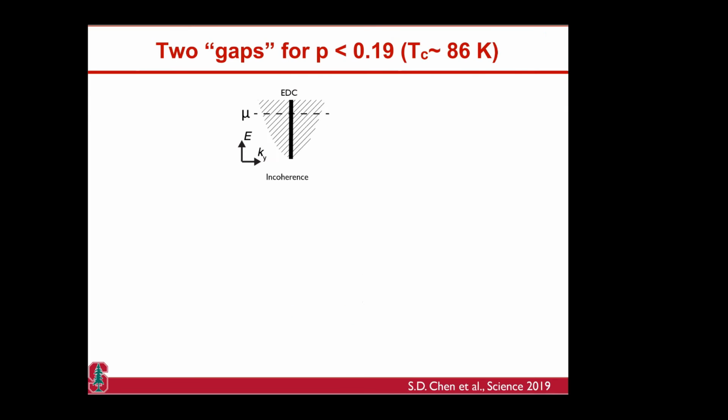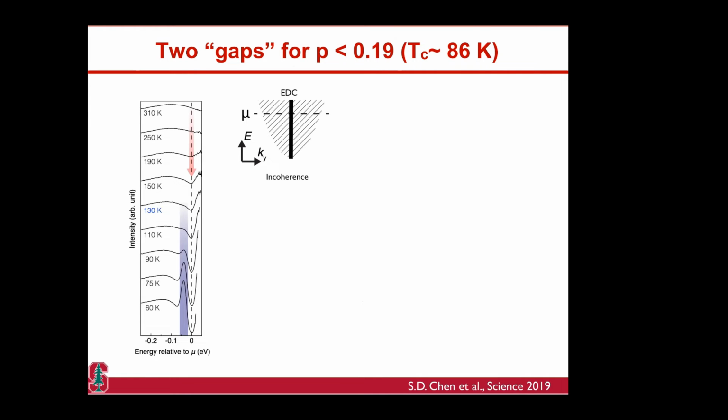Okay, so let me say a few words about it. To dig into it a little bit more, there are two energy scales. If you look at the higher energy, there's this broad feature at about 100 to 200 millivolts.